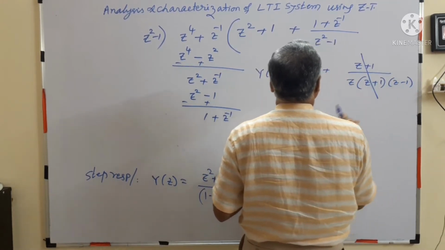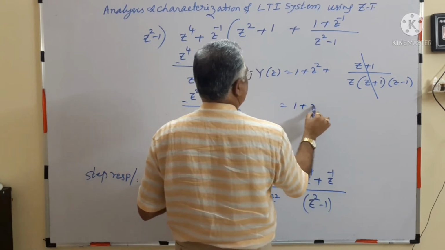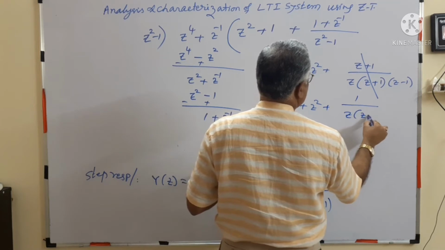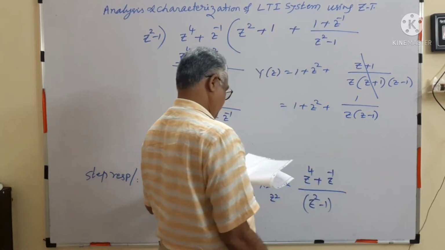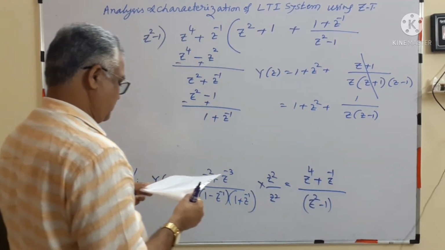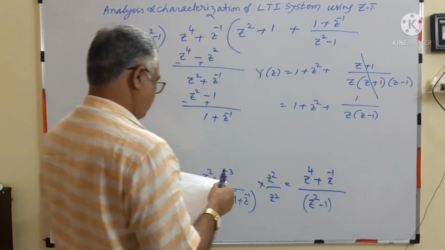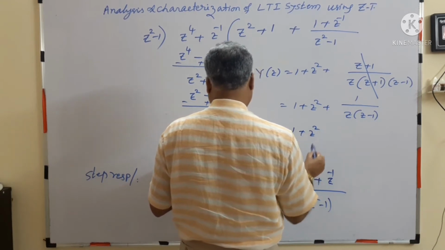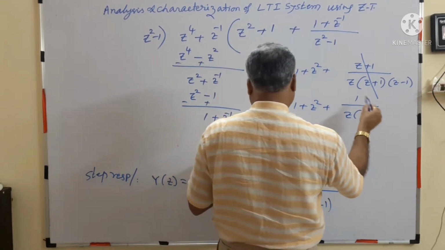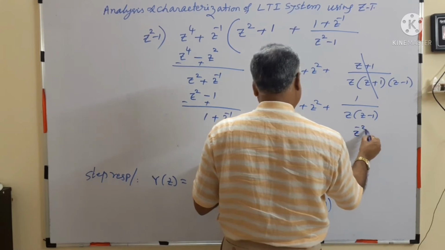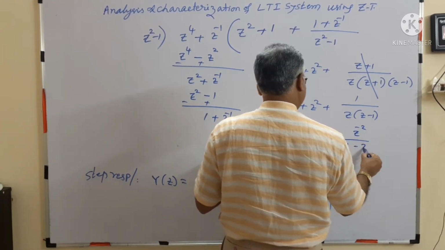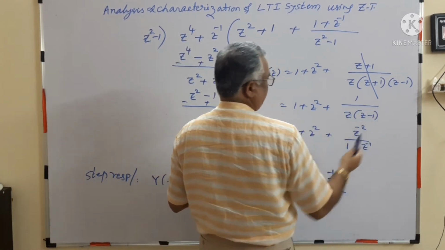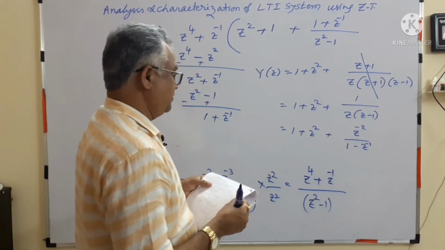So this will cancel. 1 plus z square plus 1 by z into (z minus 1). This is nothing but 1 plus z square. Now if you convert into negative, z power minus 2 by 1 minus z inverse. Or use partial fraction separately, you can also do that.